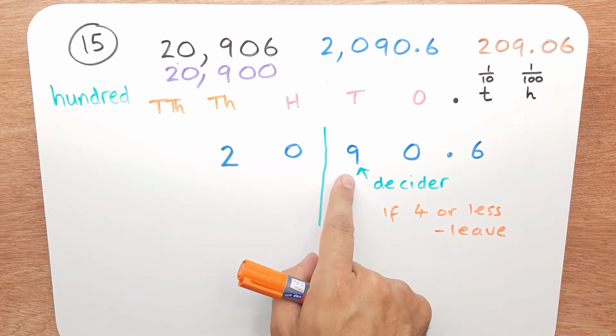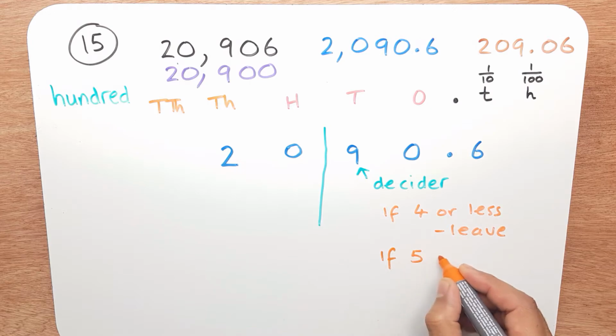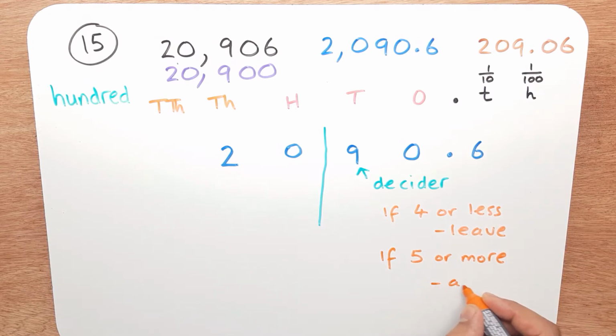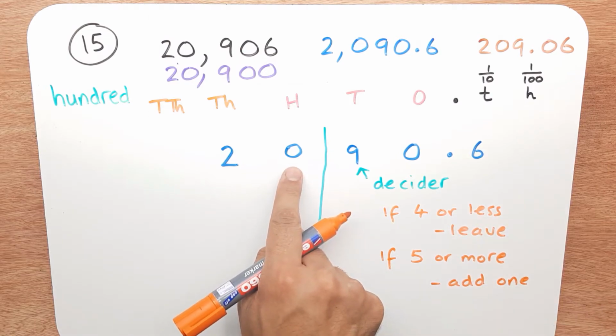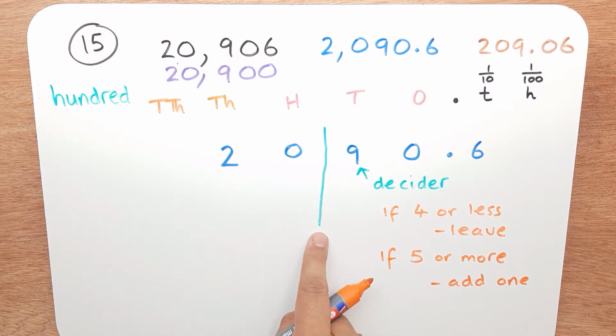And if this decider is 5 or more, we add 1 to this column, the number to the left of this line.